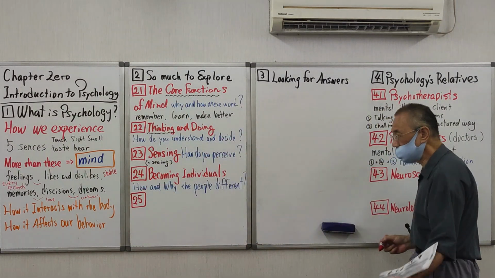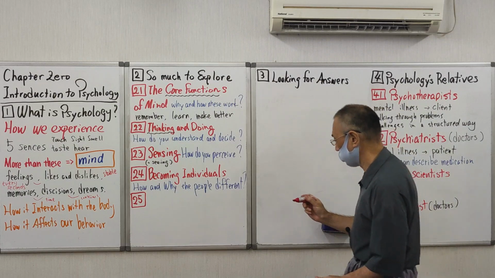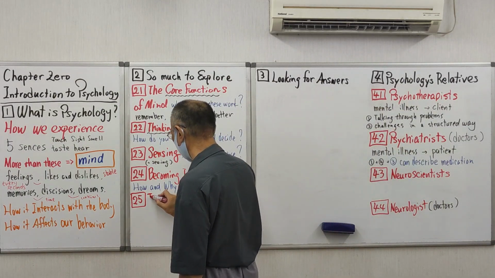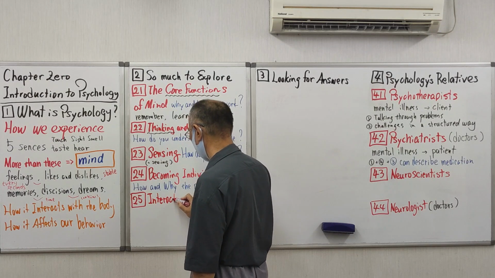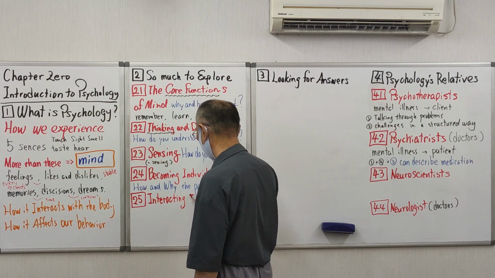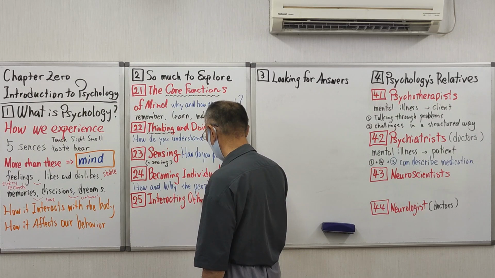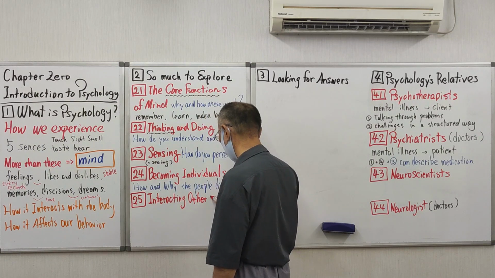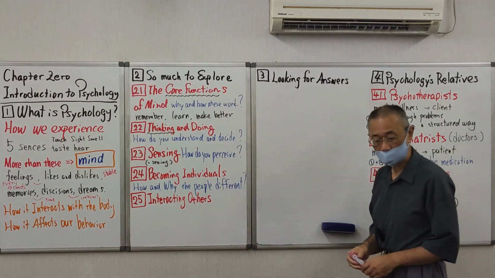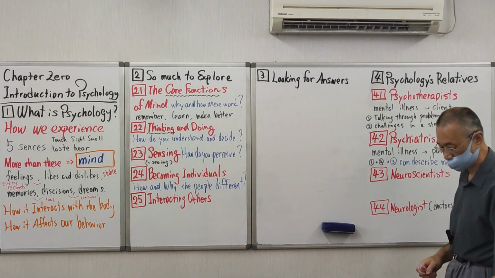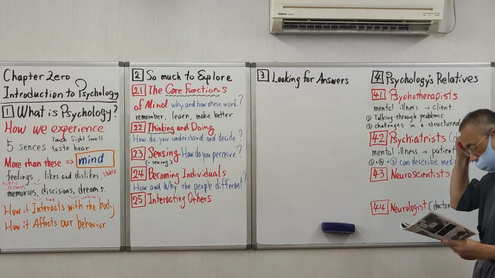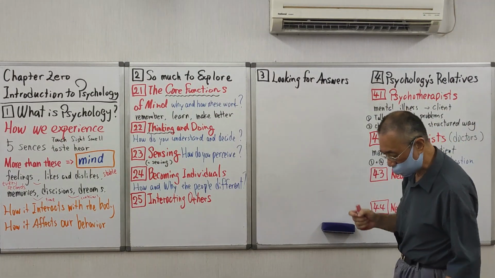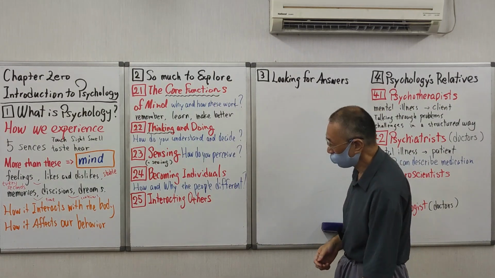Number five, interacting with others. This pattern of thinking is how you behave around other people.